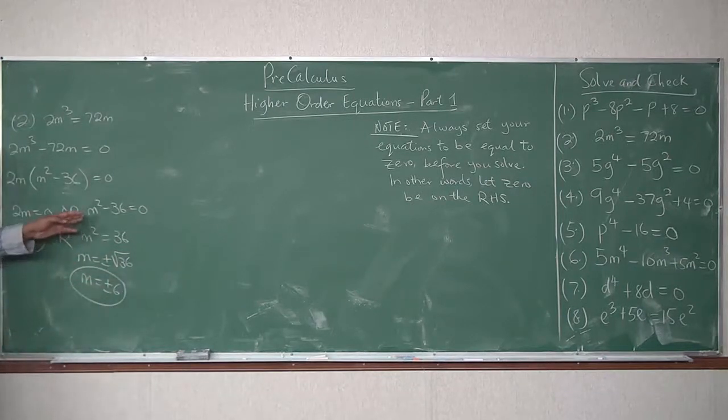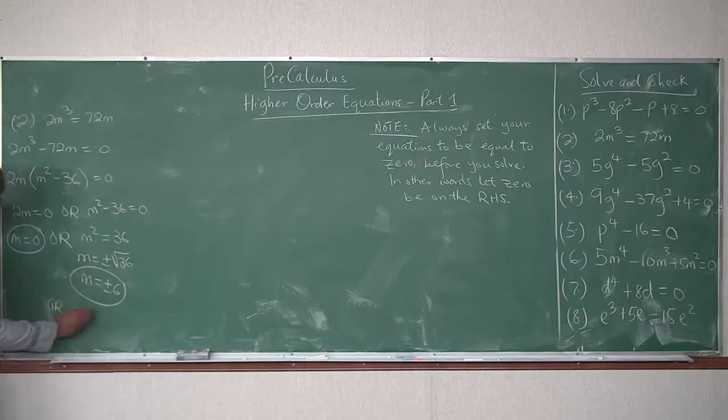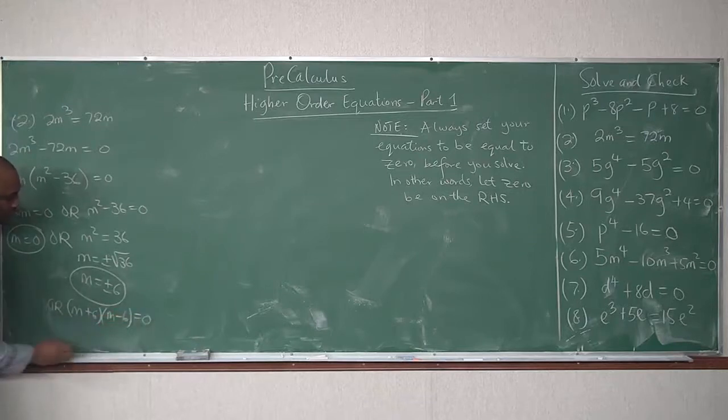Or if you want, from here you can also apply the difference of two squares. You can say m plus 6 times m minus 6 equal to 0, and you also apply the zero product property, which means m plus 6 is 0, so m will be minus 6.